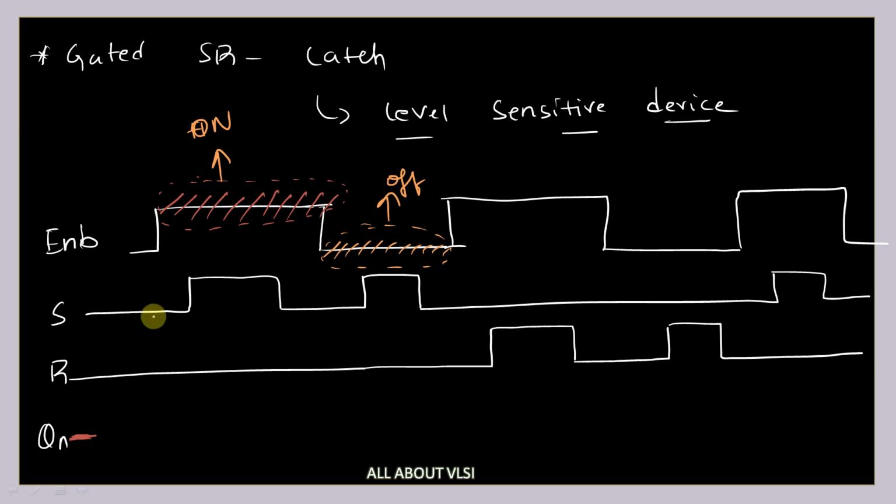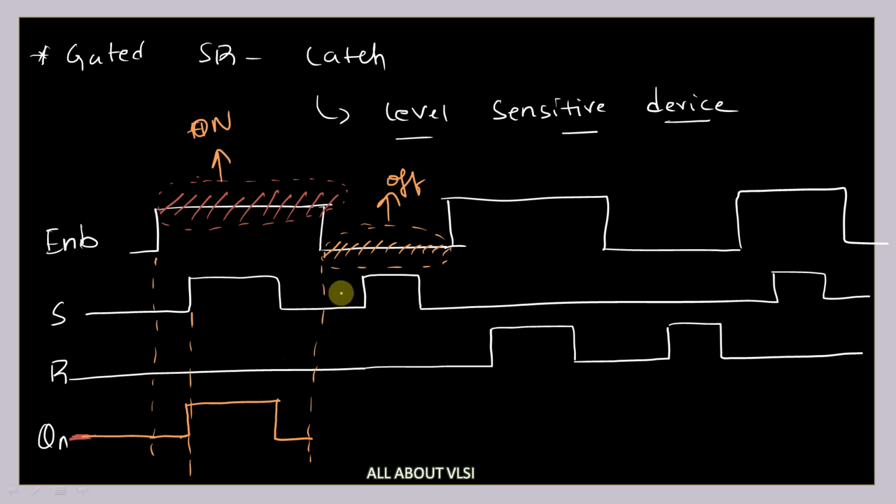Now let's say suppose S is equal to 0, R is equal to 0. From this point to this particular point your latch is going to work since your enable signal is equal to 1. And S is equal to 1, R is equal to 0 means your output will be equal to 1. So from here your output will be equal to 1 and then it is becoming 0.